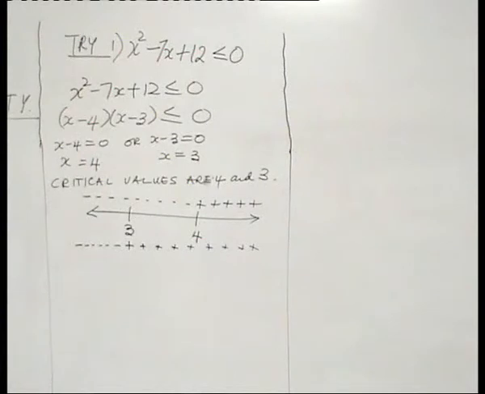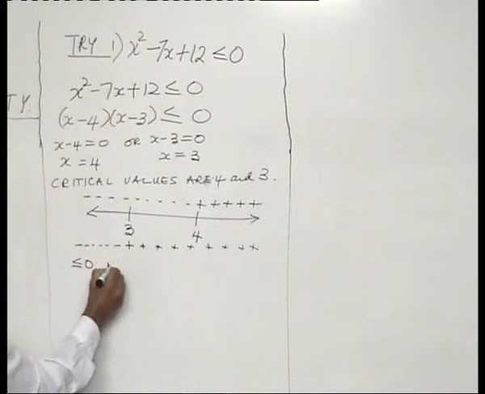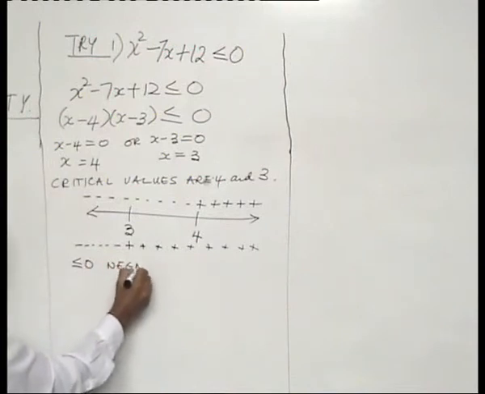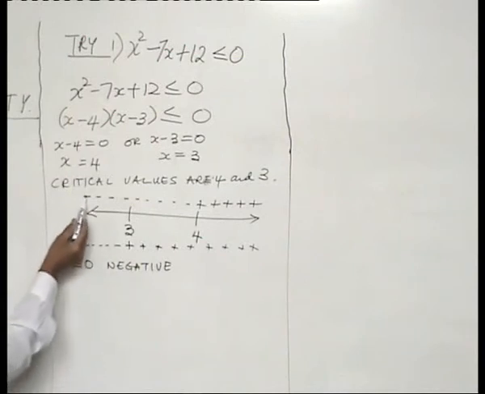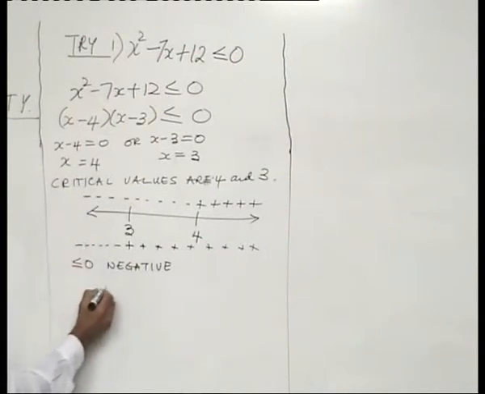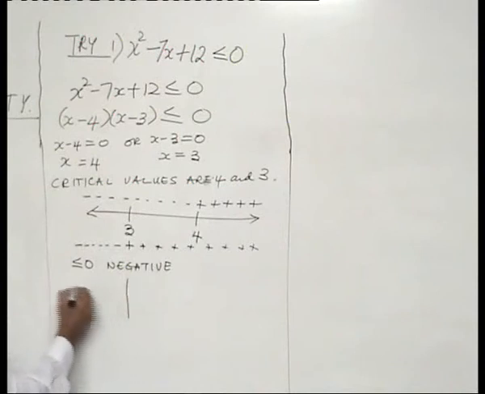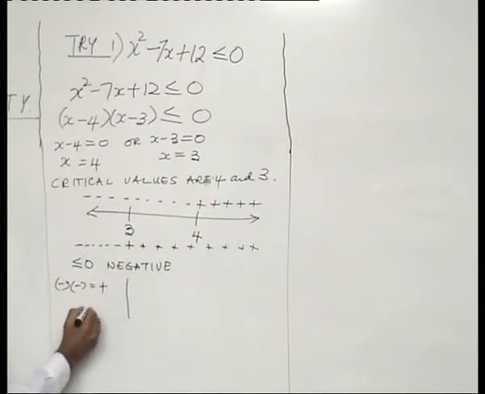Now, we are looking for less than or equal to 0. That means we are looking for a negative result. So, once again, negative times negative. So, we got 3 options here. Negative times negative gives us positive. So, this is not what we're looking for.